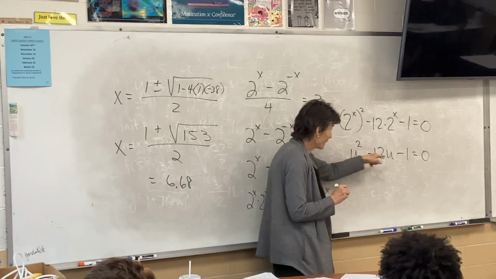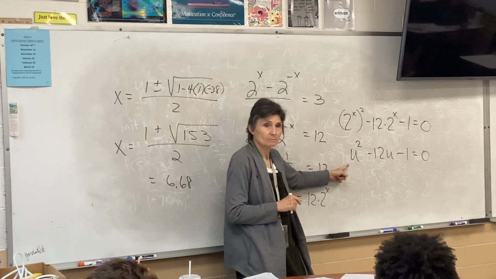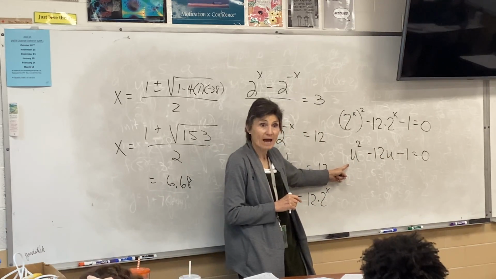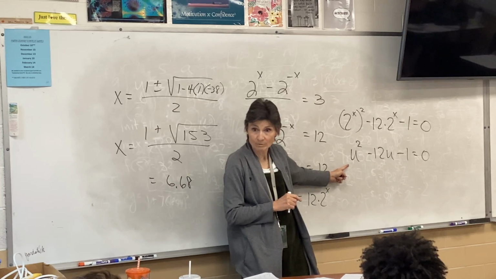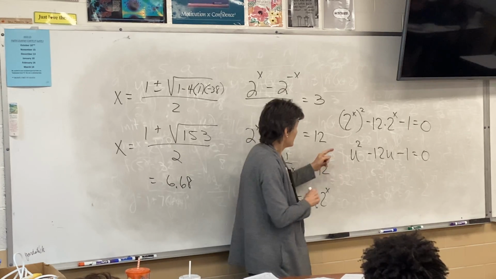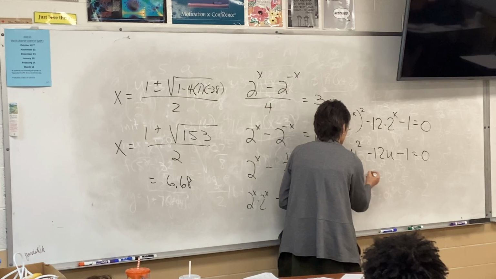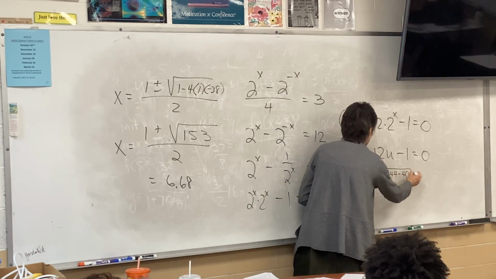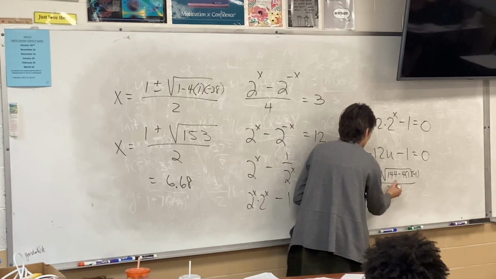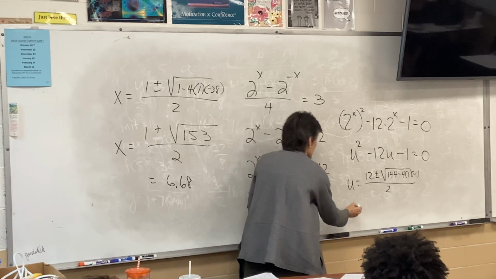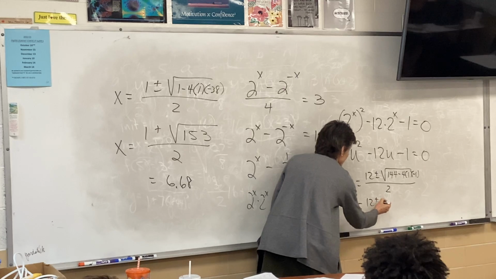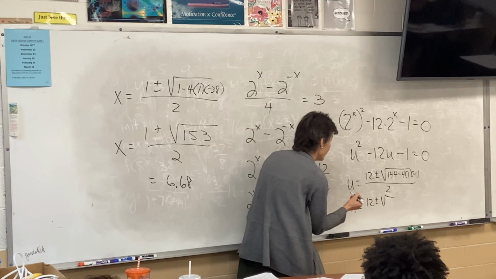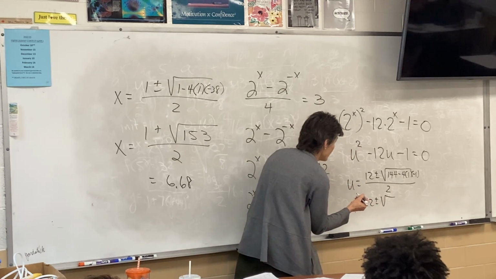Now, when you look at it like that, you got it, right? It doesn't factor, but we can certainly use the quadratic formula. So u equals negative b plus or minus the square root of b squared minus 4ac all over 2a. So that's 12 plus or minus the square root of 148.